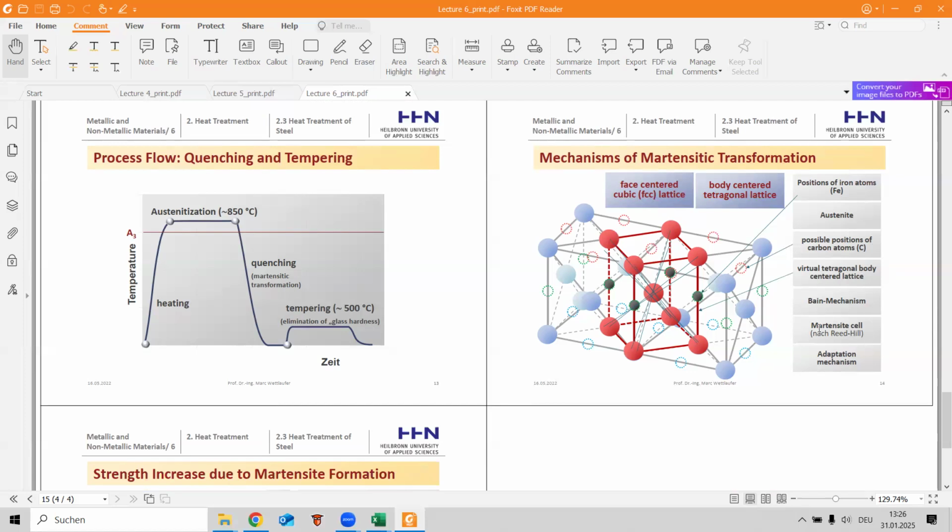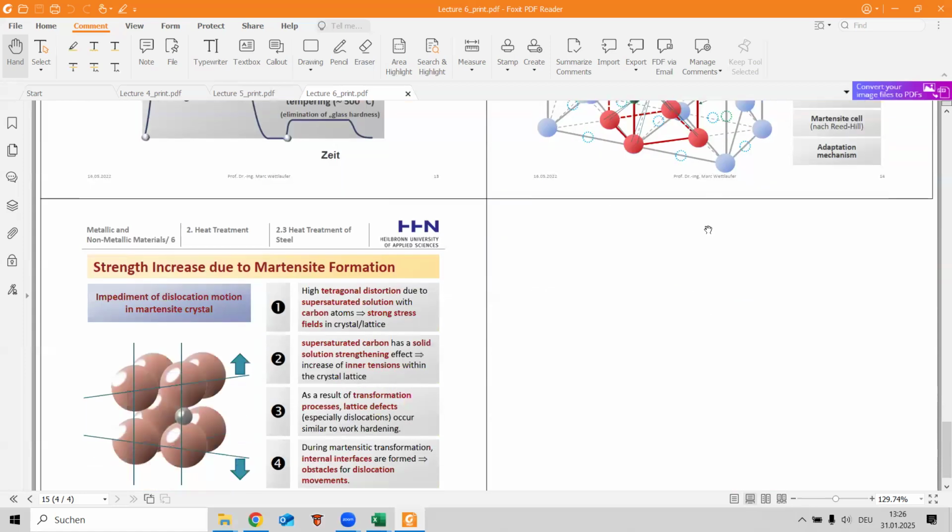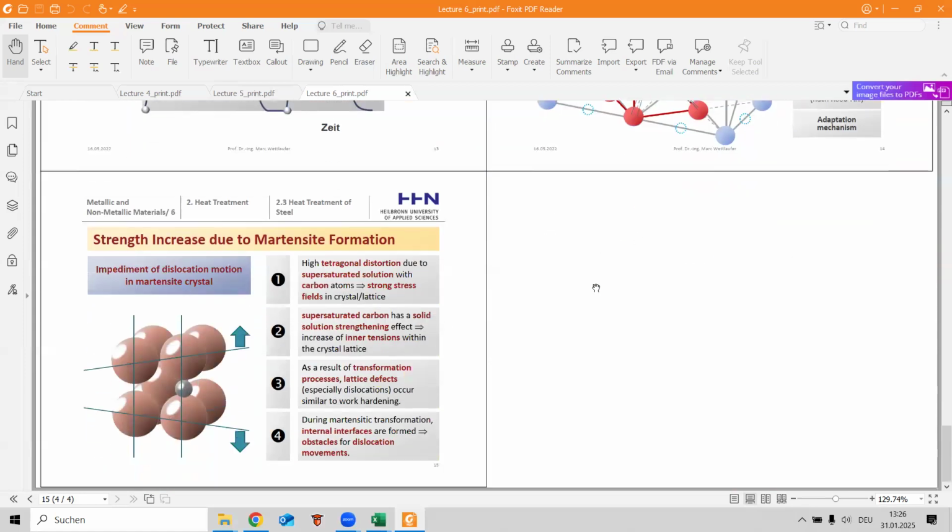So the hardening mechanism. Strength increase due to martensite formation. Hindrance of dislocation motion inside the crystal. First, tetragonal distortion due to supersaturated solution with carbon that leads to strong stress fields in the crystal lattice.